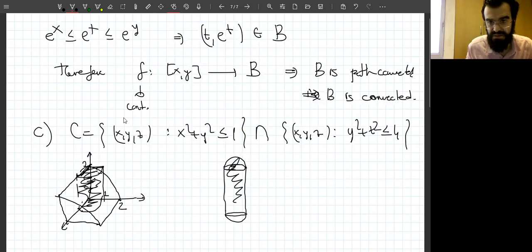Also inside. So from here, it's connected. In fact, it's convex.